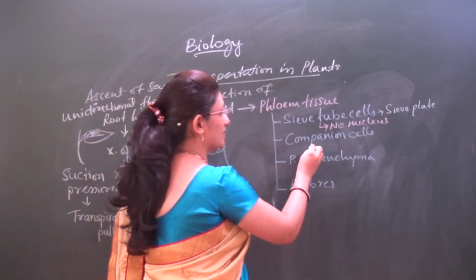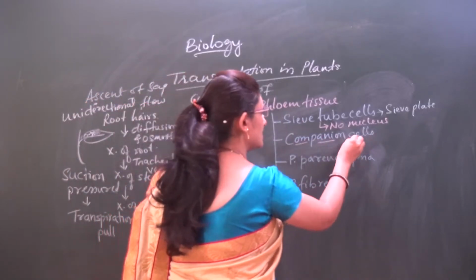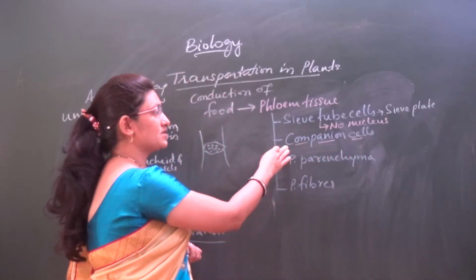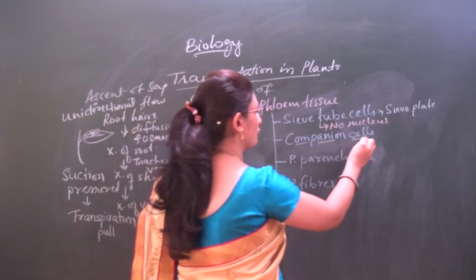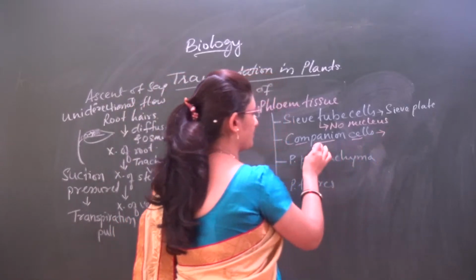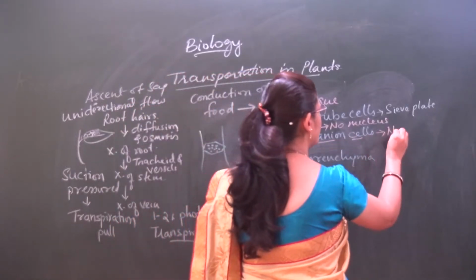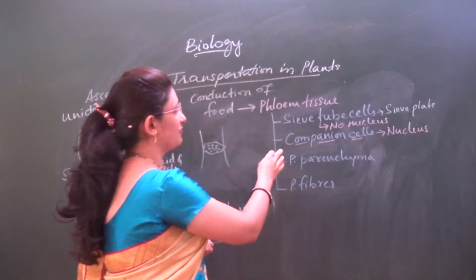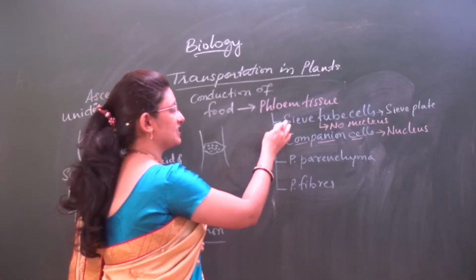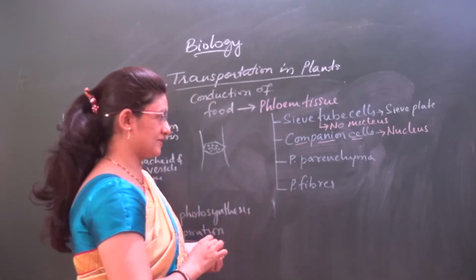To fulfill that, these companion cells, which are also called sister cells, help in conduction of the food. These consist of the nucleus. So overall, the process of the conduction will be carried out with the help of the sieve tube cells and the companion cells.